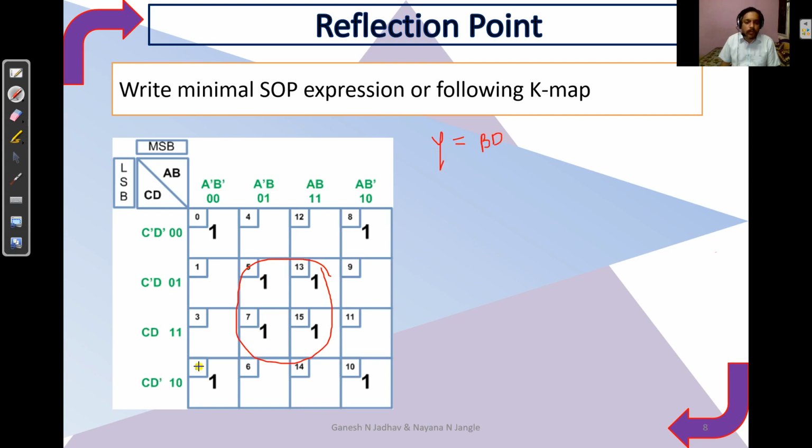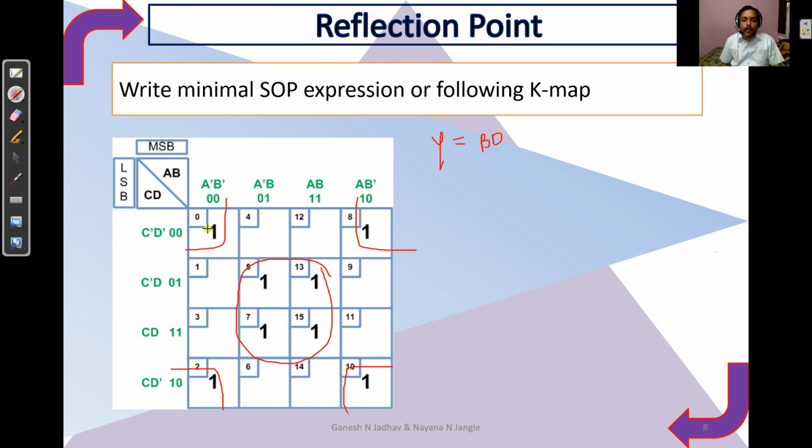These 1 1 1 1 look independent, but as I said earlier, you can group by folding the Karnaugh map, vertically or horizontally, both are possible. This corner one can be combined with this corner one and this corner one, so this is a group of 4.